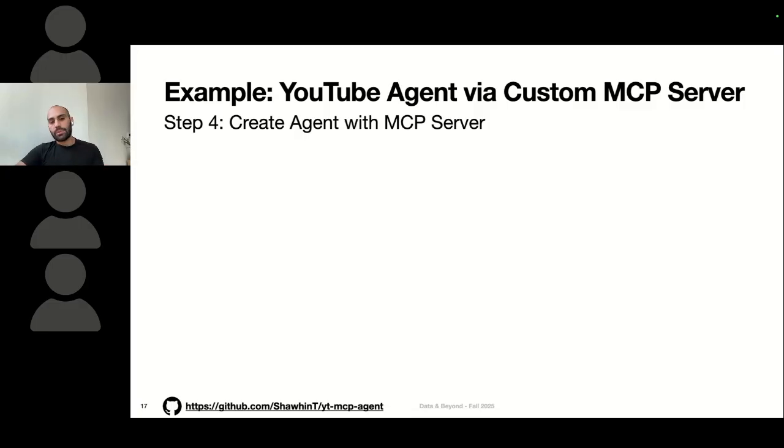I have some example code for that as well, which I can share after the talk. But here I'll show what this might look like if you're trying to build a custom agent using OpenAI's Agents SDK.